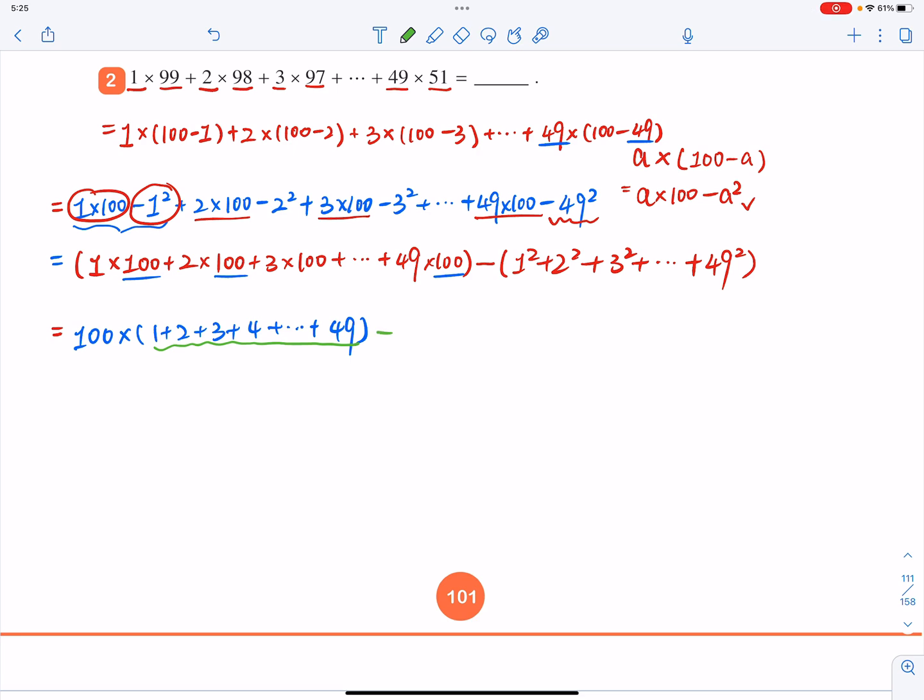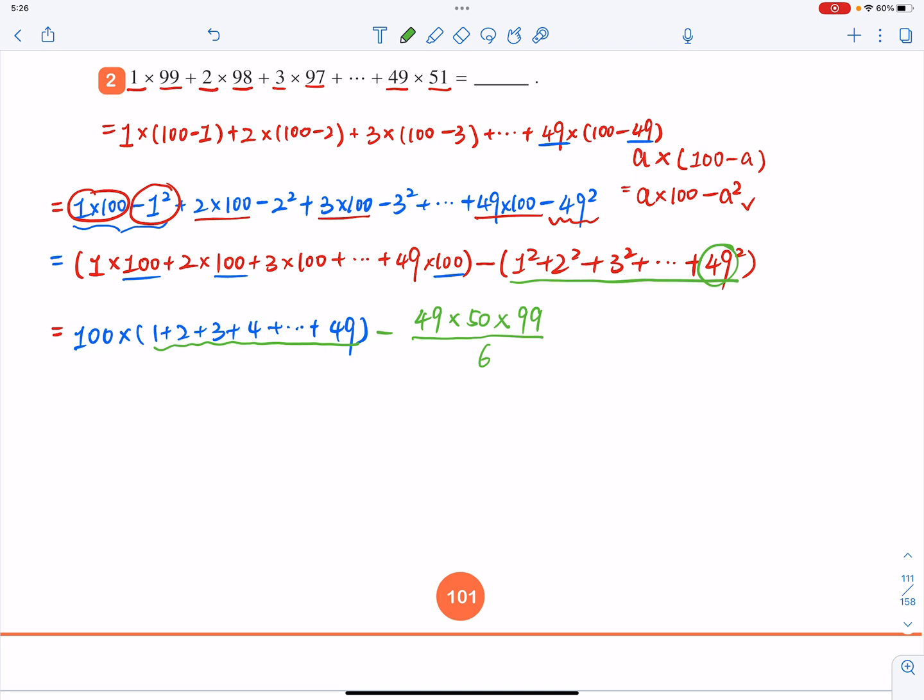And then take away the sum of these square numbers, and in the lesson we learned that formula, which is the last term, which is 49, times by 49 plus 1, which is 50, times by 2 times by 49 plus 1. And we know that 2 times by 49 equals to 98, and you plus 1, you got 99. And don't forget, you have to divide by 6.